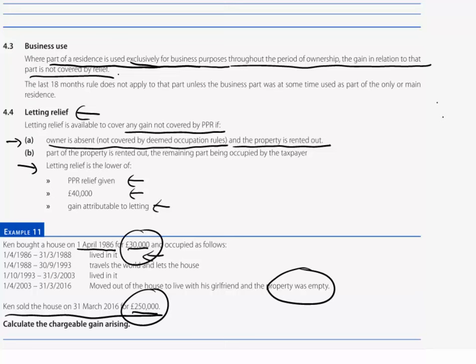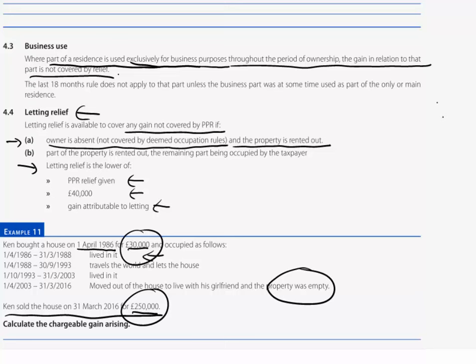Now of course it may be that you owned the property for 16 years, and for only 8 of those years, 8 out of the 16, have you had this exclusive business use of that part of the property. Then only 8/16 of the gain would be subject to the chargeability for the 10% part of the property that was used for business purposes. You'd have to time apportion there as well.